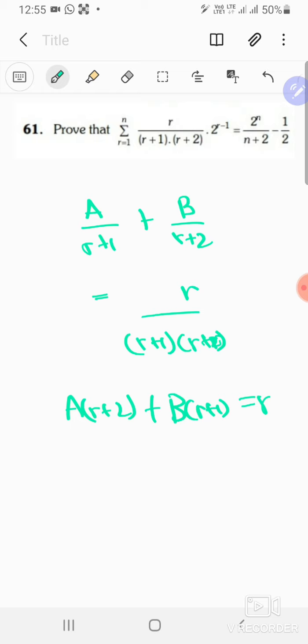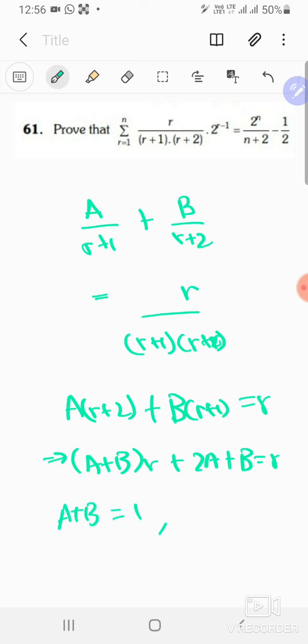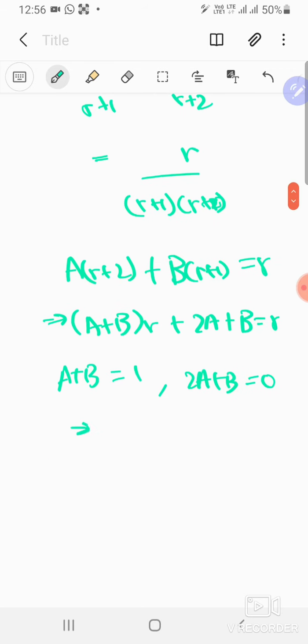So that gives me (a plus b) into r plus (2a plus b) is equal to r. So that gives me a plus b is equal to 1 and 2a plus b is equal to 0. So a has to be equal to negative 1 and b has to be equal to 2 in that case.